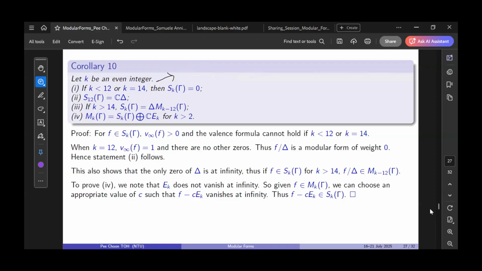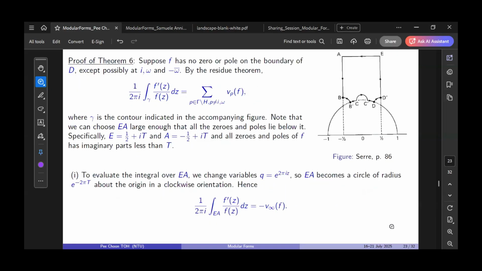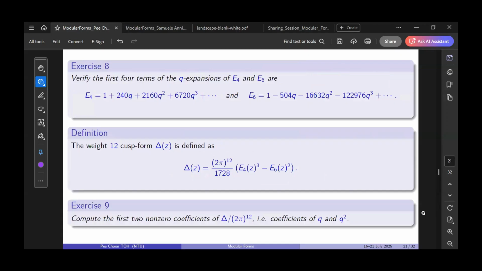So this one, yeah, here. This is the only cusp form of weight 12, up to multiplication by some constant.